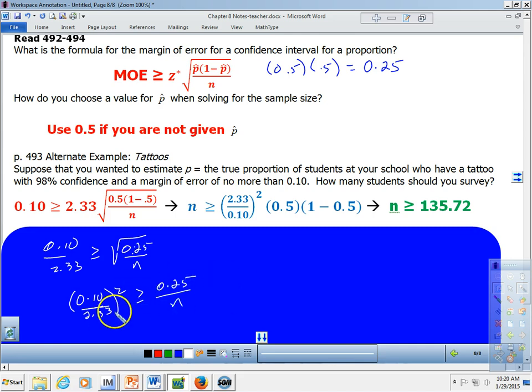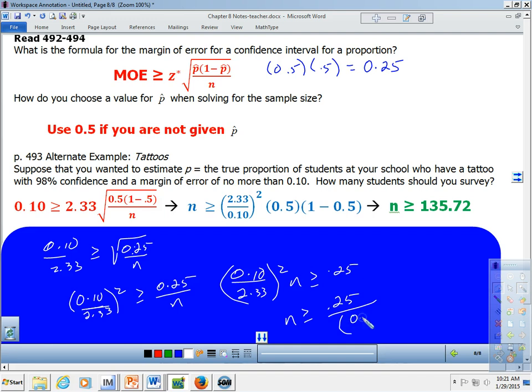And then through a series of cross multiplying, you're going to end up with n greater than or equal to 0.25 divided by (0.10 divided by 2.33) all squared.